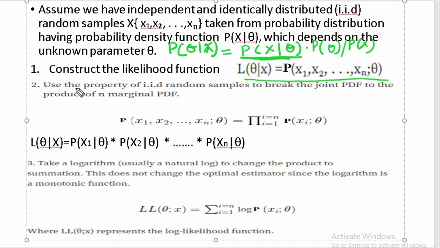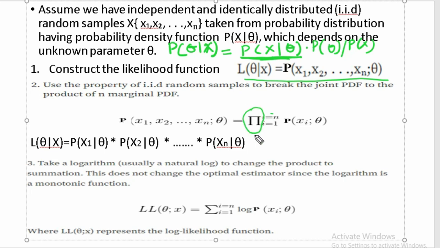Okay, same thing. So according to the Bayes theorem, L theta given x will be the same as P of x given theta. Now next, we use the property of IID random samples to break the joint probability density function, the short form of probability density function, into the product of n marginal probability density functions. So we can write it as P of x1 till xn given theta equal to pi, i equal to 1 to n, P of xi given theta.